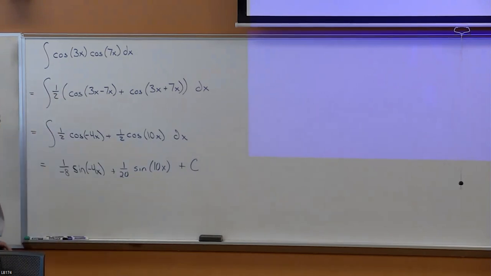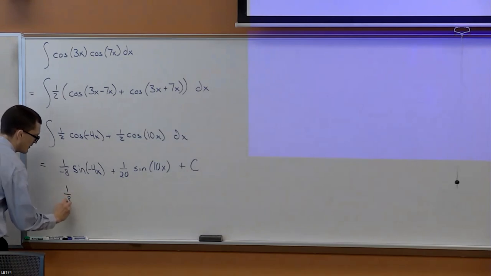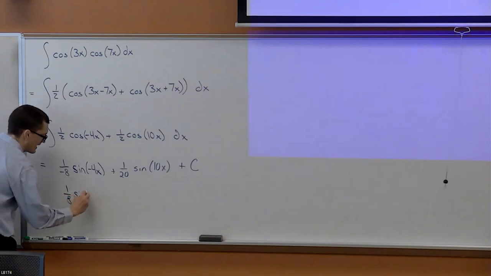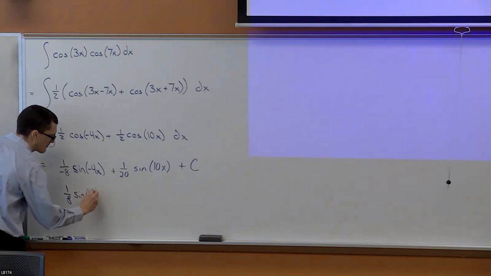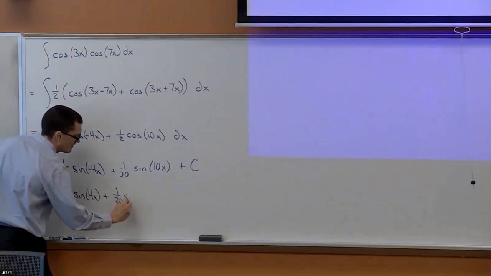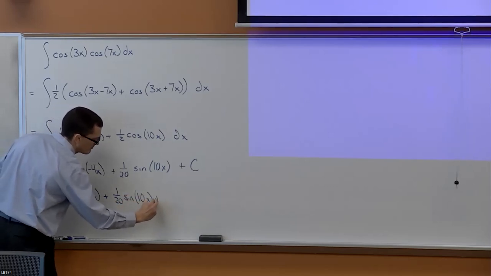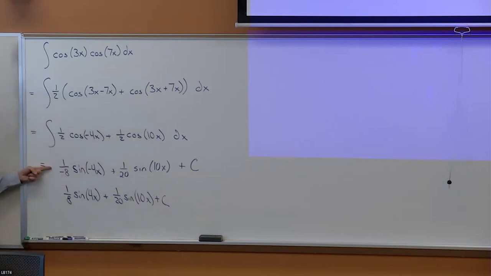By the way, if somebody told you they got a positive 1/8 times sine of positive 4x plus 1/20 times sine of 10x plus c, these two are the same thing. Sine is an odd function, so the negative can be brought outside and multiplied.